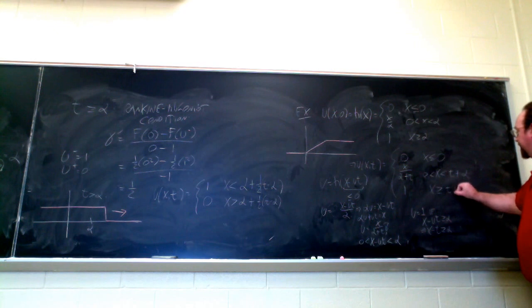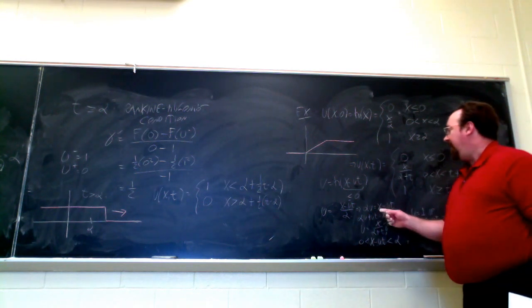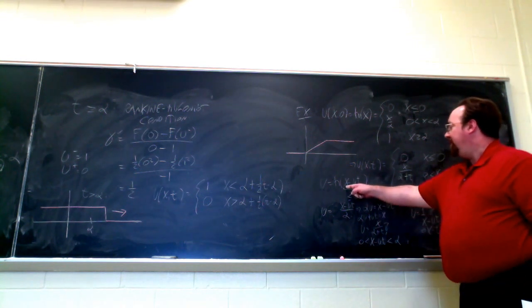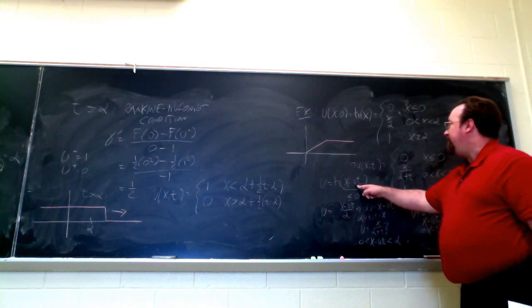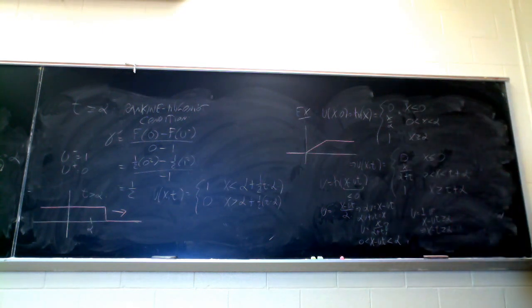Okay, so that's what's happening in this case. So in all three situations, you're filling in x minus ut for x in here to figure out what u is going to be and also when that situation applies. Right, so it all comes from x minus ut playing the role of x in your initial condition.